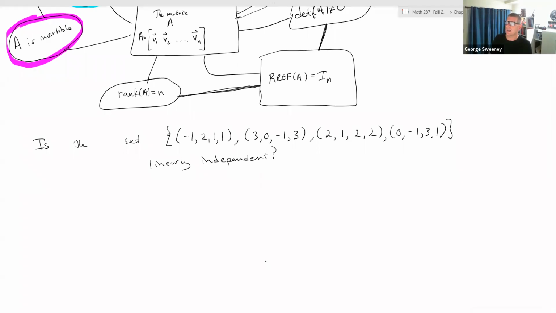Is that set linearly independent? Why or why not? How do you know?